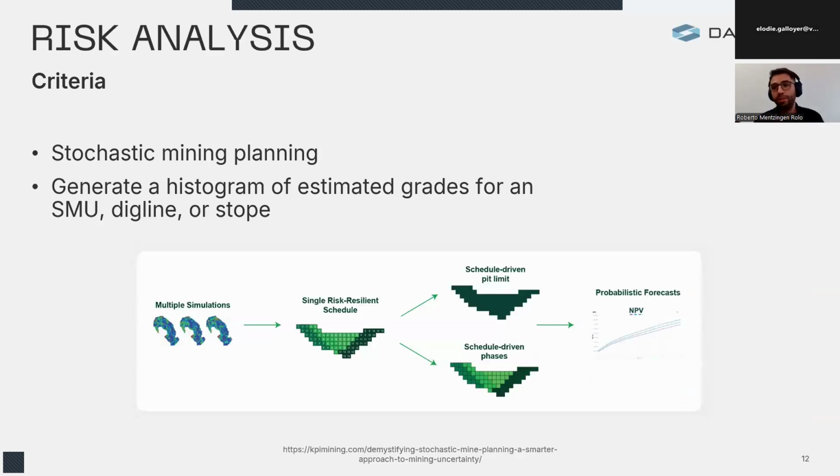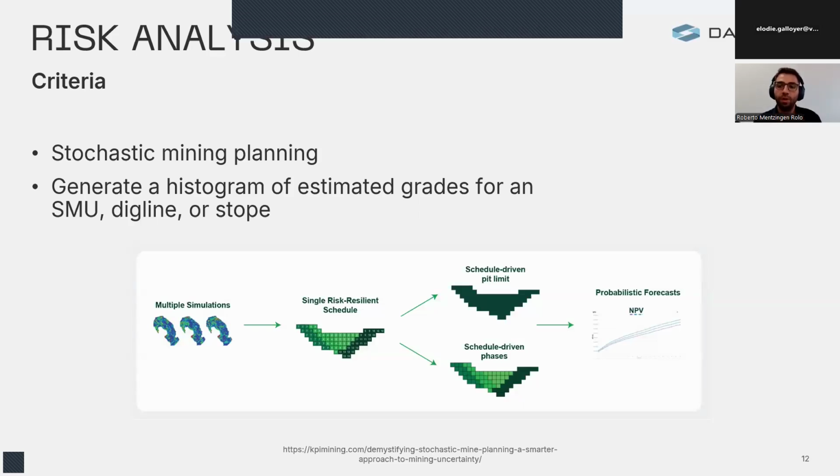The second simulation application I want to discuss is risk analysis. From a long-term perspective, simulations can feed directly into stochastic mine planning. So instead of relying on a single best estimate model, we use all the realizations generated through conditional simulation as inputs for planning. In this way, uncertainty is no longer hidden behind averages, and it becomes an explicit part of the process.